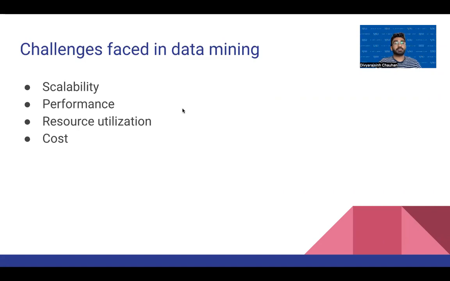By breaking down data mining algorithms into smaller independent pieces, which could be executed simultaneously, parallel processing can improve the performance of the algorithms.